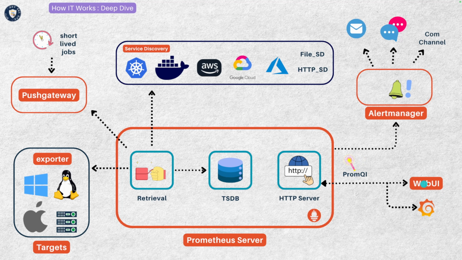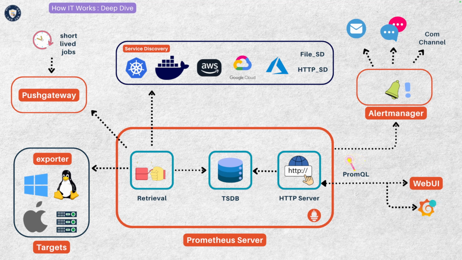But sometimes not everybody is very familiar with the web UI, which is pretty simple or very basic for running your queries. So to visualize the stored data, we use Grafana itself, and all these things happen through PromQL. So whenever we access any UI and run any query, it reaches the HTTP server, and the HTTP server pulls the data from over here and provides the visualization over here.